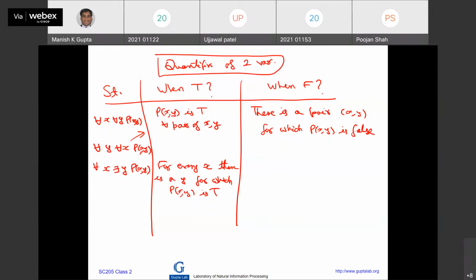This is when it is true. And when this is false, it means there is an x such that P(x,y) is false for every y.